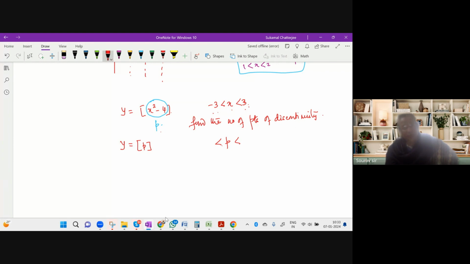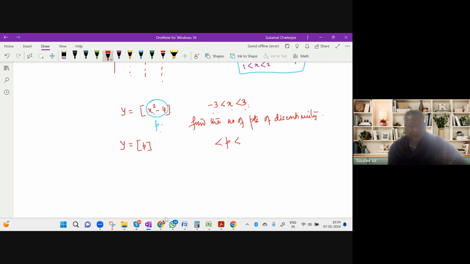And x square minus 4 is a quadratic, right? Correct? So when x is 0, this is -4. You have to be very careful when you are doing this kind of questions, right?